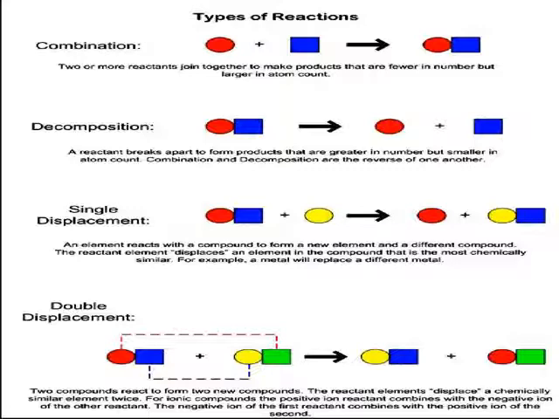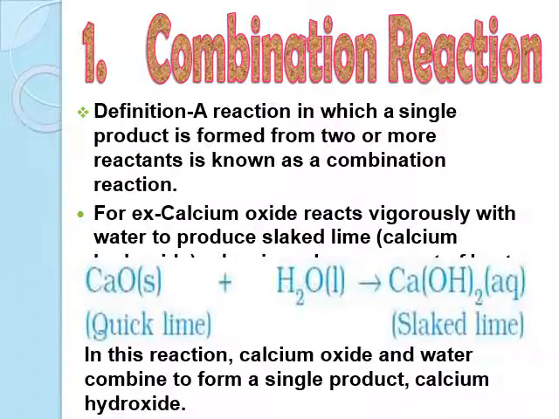In single displacement, only one element is removed from a compound, but in double displacement there is a double removal. For example, in ionic compounds, the positive and negative ions interchange among each other to form the new product. Now one by one we will see the types of reaction.